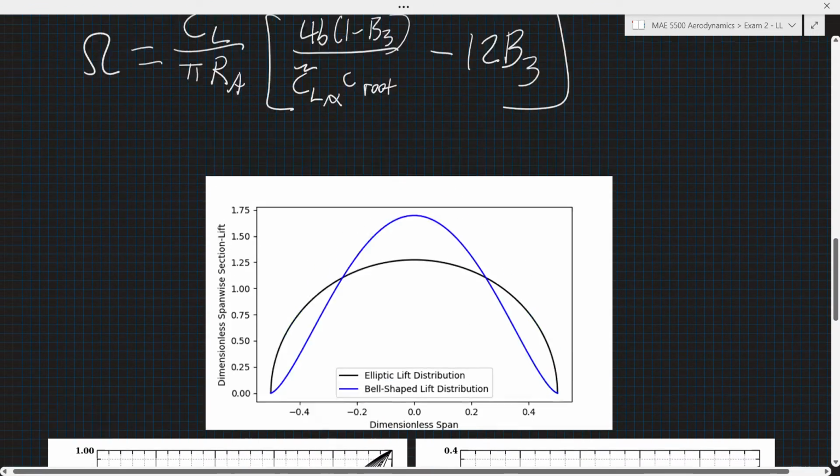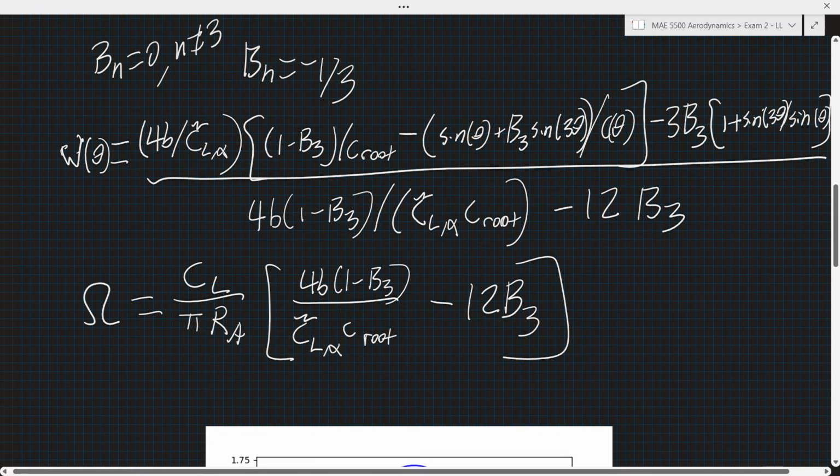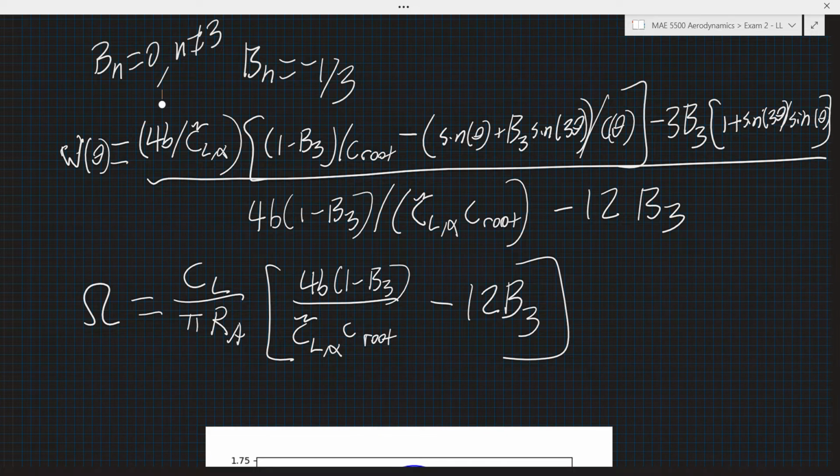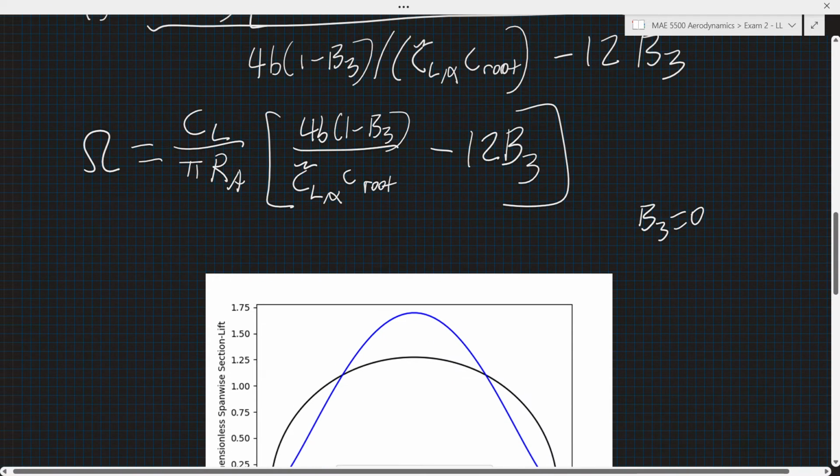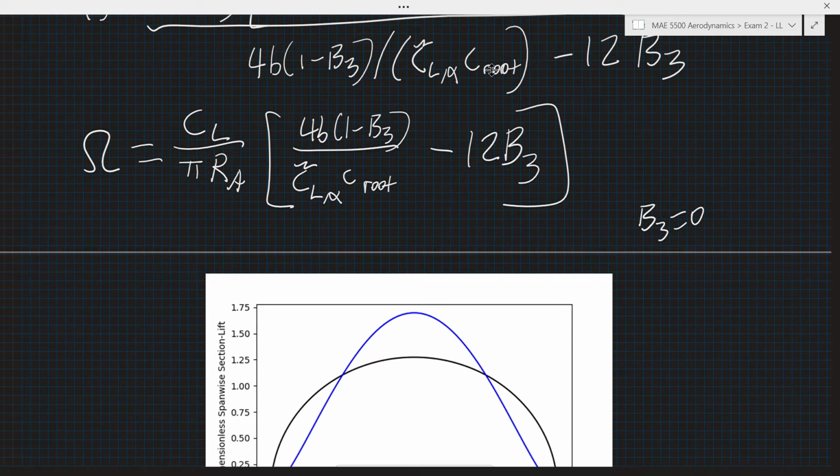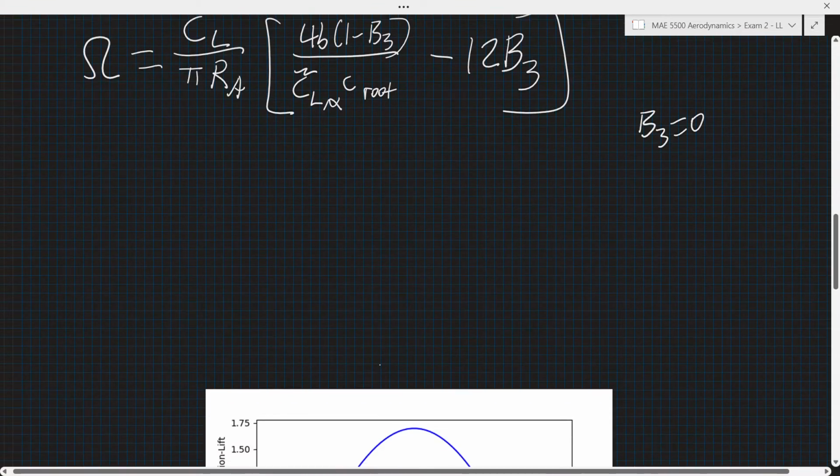A couple things I wanted to talk about here. You can see if we were to remove the B3s from this equation, in other words, if we were to say B3 is equal to 0, we would find that we could go back to that elliptic lift distribution.